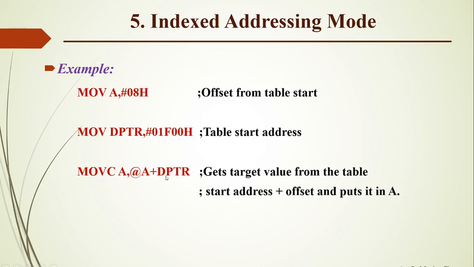The DPTR content is 01F00, the starting address of the table, and the content of A is 08, the displacement. So the addition of these two registers gives the actual address of the data located in the table.